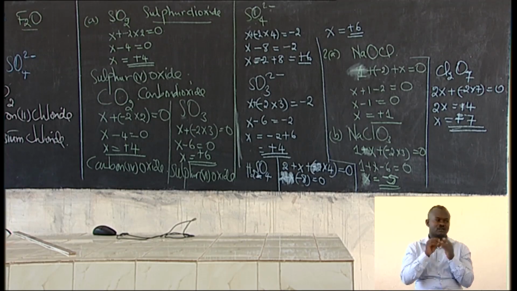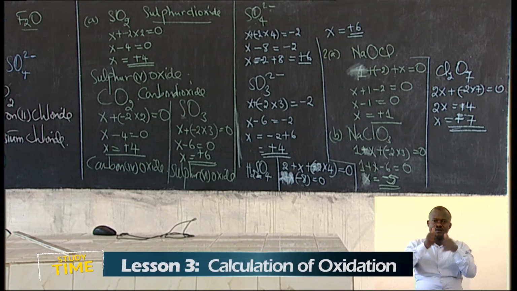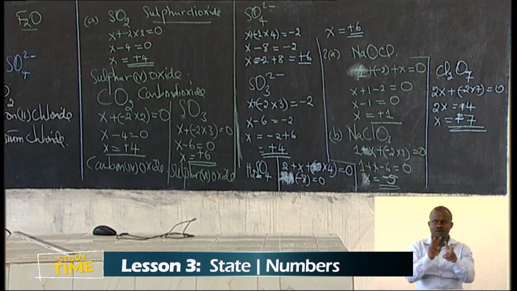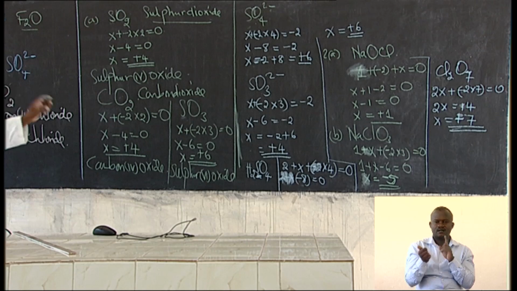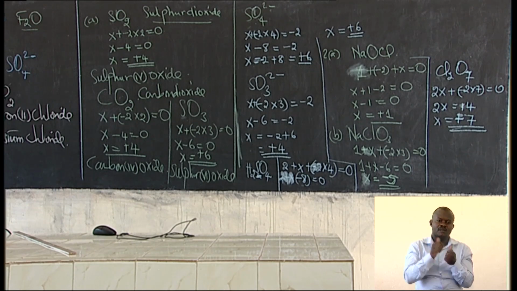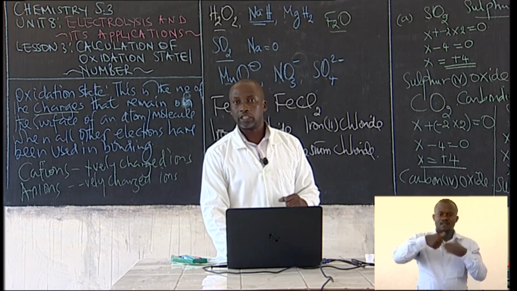These oxidation numbers, that's how they can be used to tell you whether oxidation has taken place, as we looked at in the previous lessons, or reduction has taken place, when you are able to calculate those oxidation states. And we said naming compounds is also important.